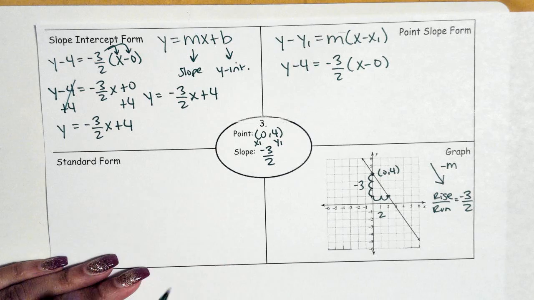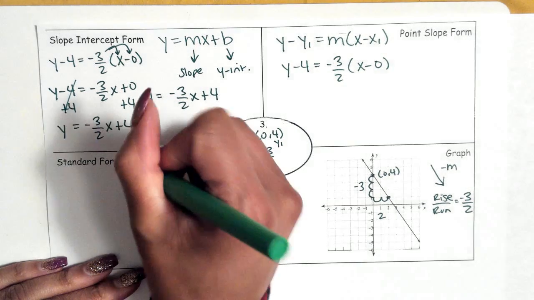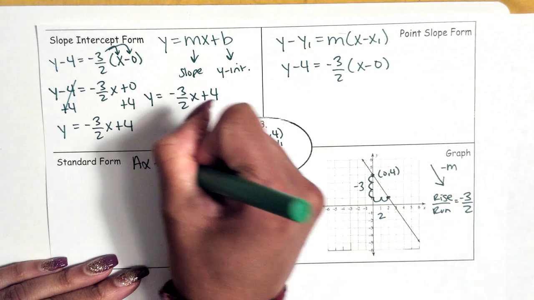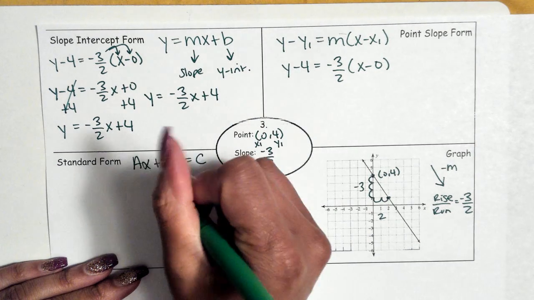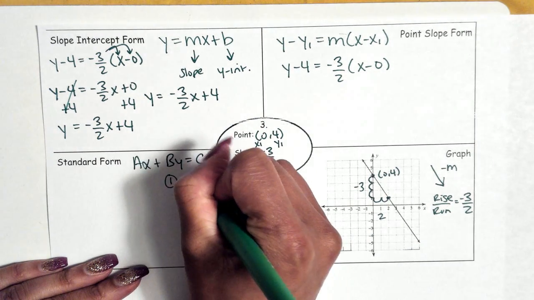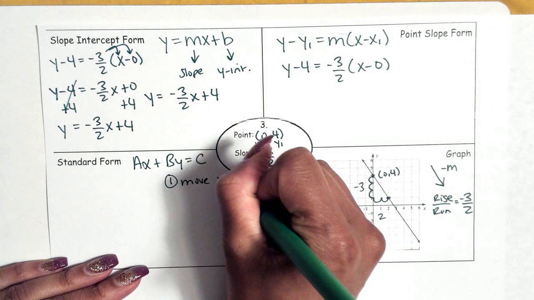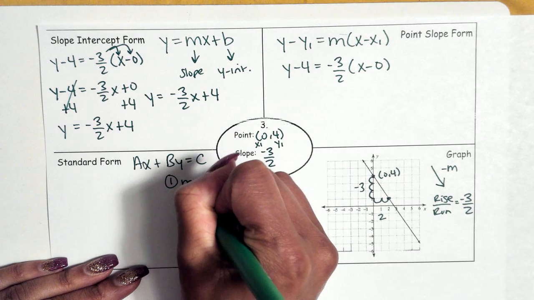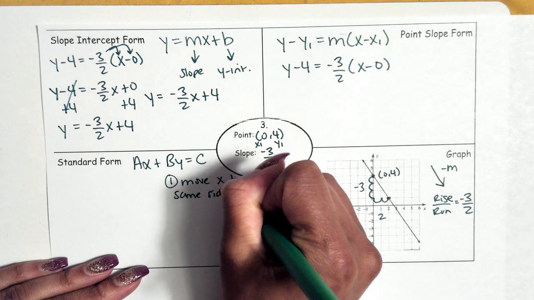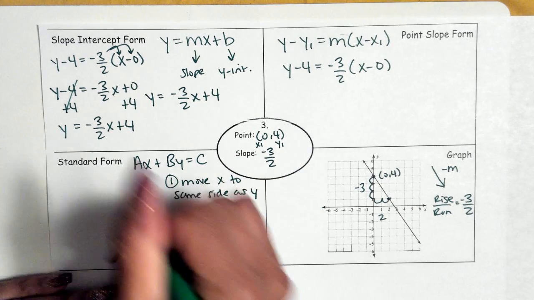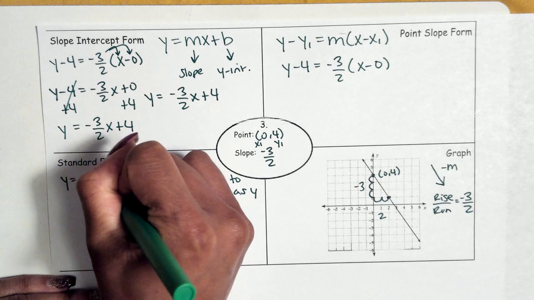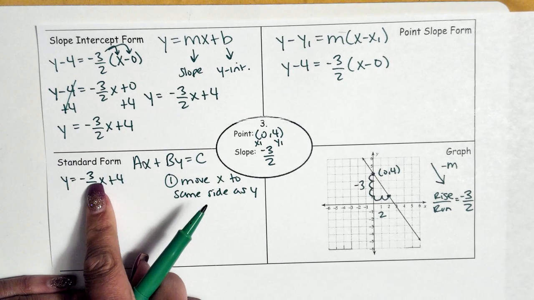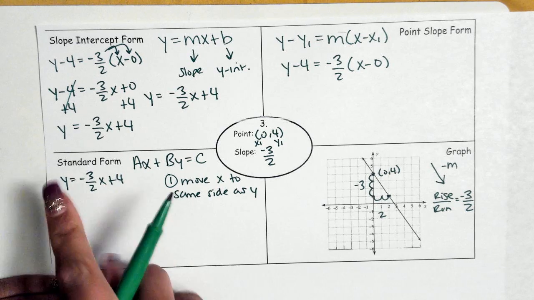Now I'm going to go down to standard. The standard form is ax plus by equal to c. So remember, with this, you want to move your x to the same side as y. Okay, so let's do that. So I'm taking my slope-intercept form and I'm going to move my -3 over 2x to the other side.